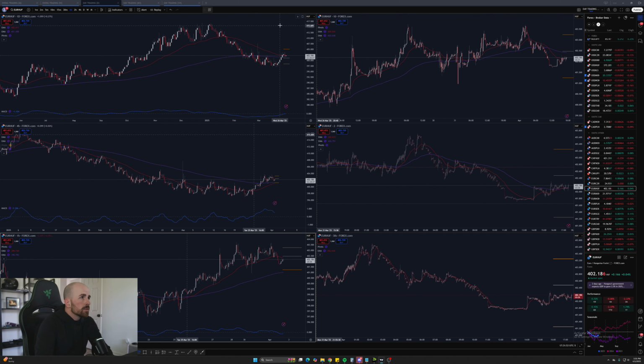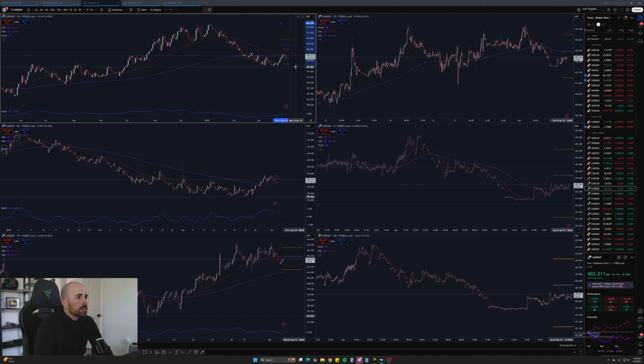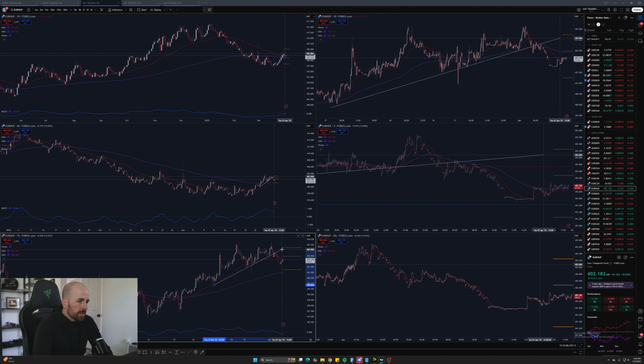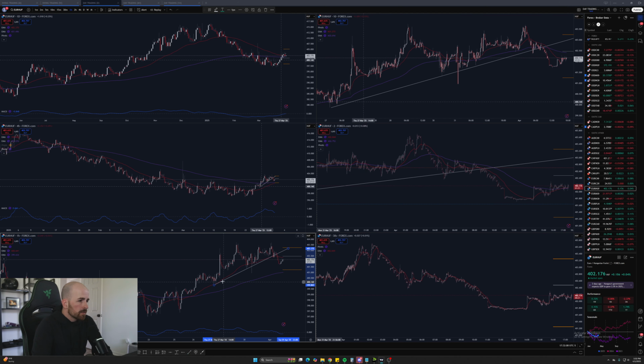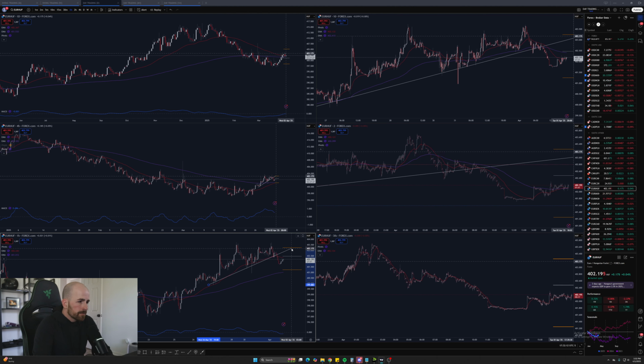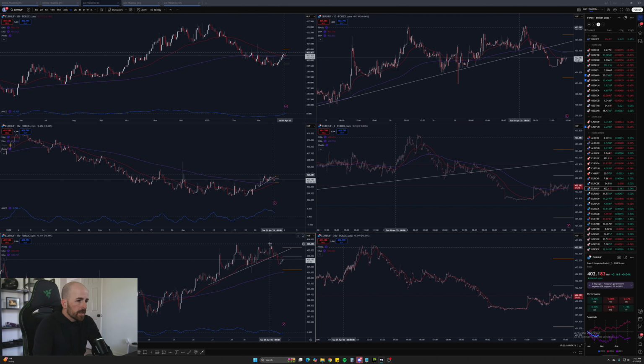I bet you this is probably 0.3, not quite 0.382, but it is decelerating here at this daily 50, daily 200 level. You have a break of this area, right? So a break of that area, a retest, pull back to here, take it short.